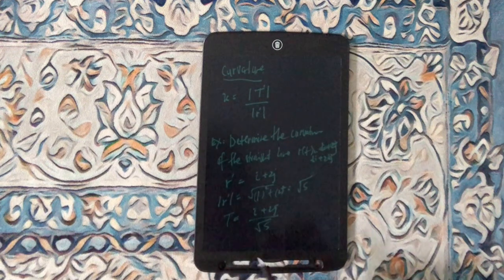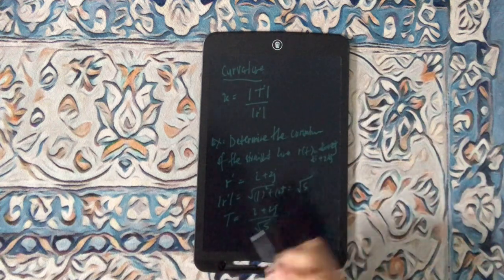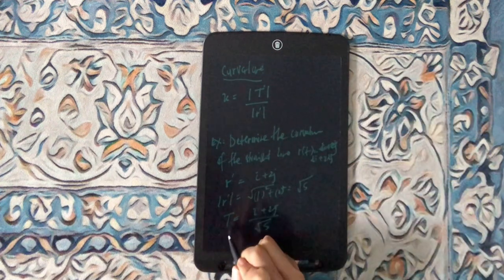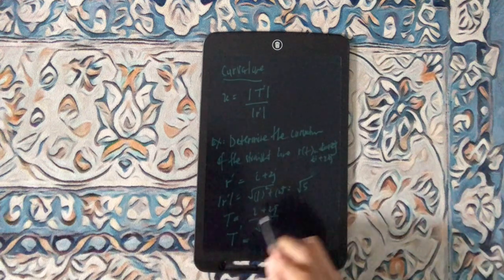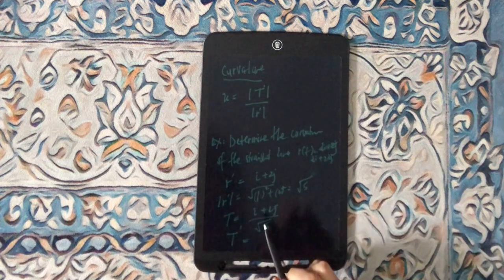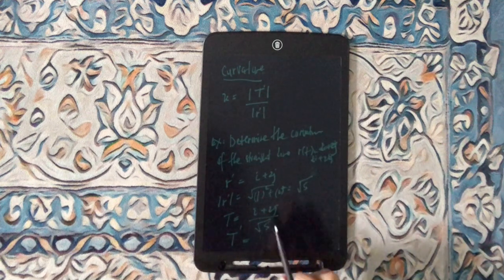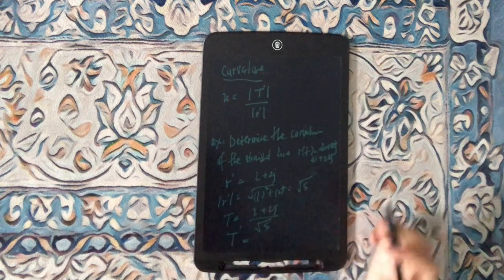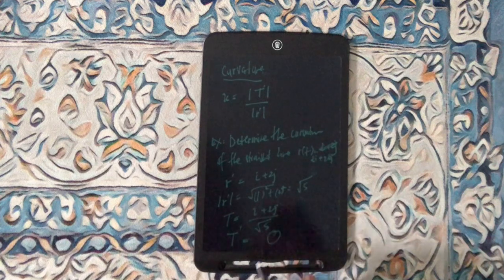The next thing is you need to find your T prime, so differentiate this with respect to t. But there is no variable t in this equation for T, so this is a constant. When you differentiate a constant, you get 0.